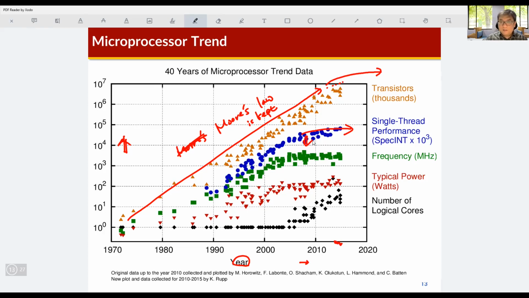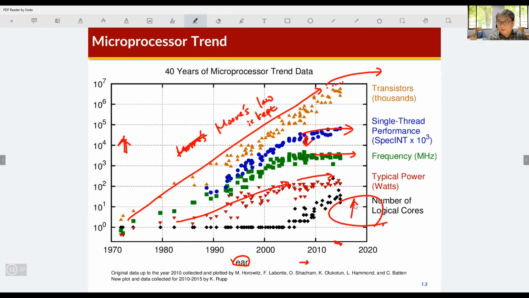And then frequency is also saturated. And power is increased and then also saturated. But as you can see, the number of logical cores increases.